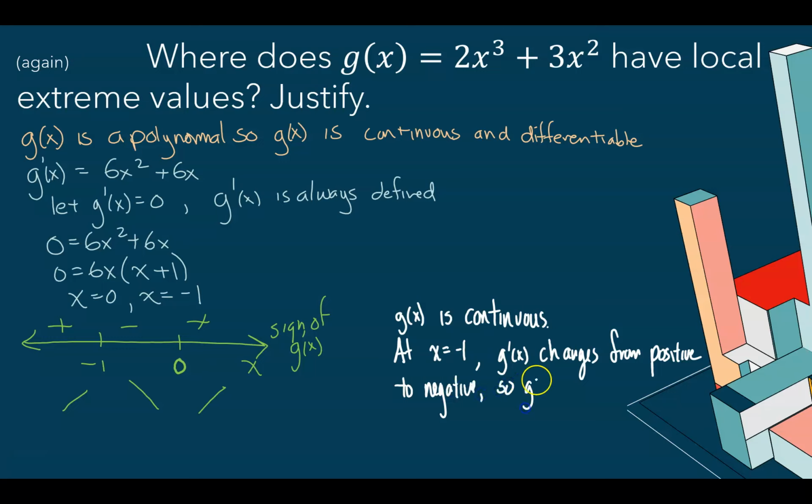So g of x has a local maximum at x equals -1.